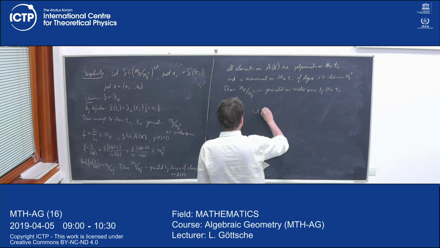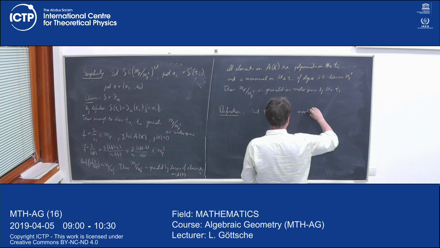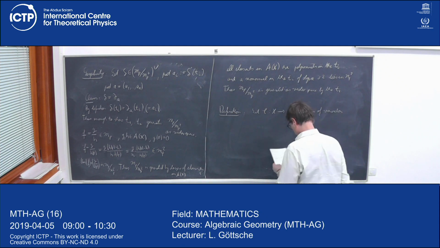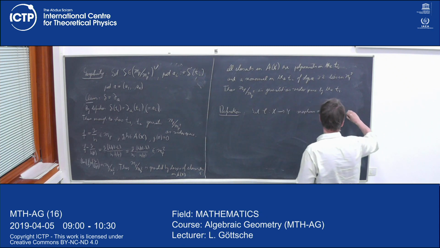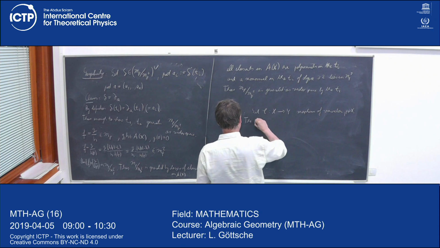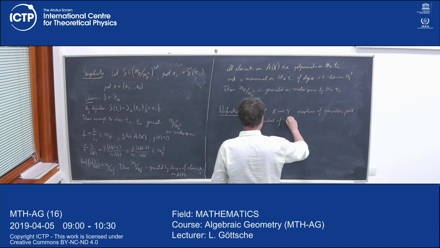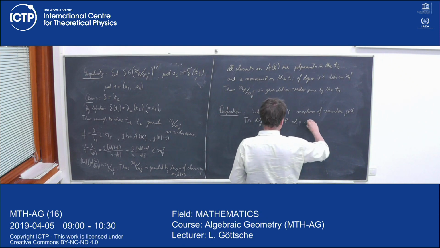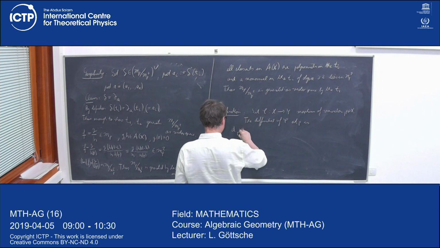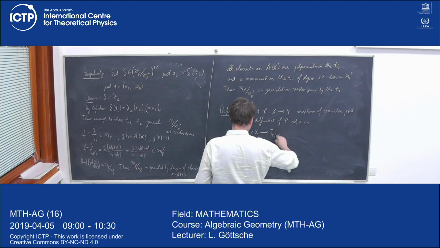Let phi from X to Y be a morphism of varieties, and P a point in X. The differential of phi at P is d_P phi from T_P X to T_phi(P) Y.